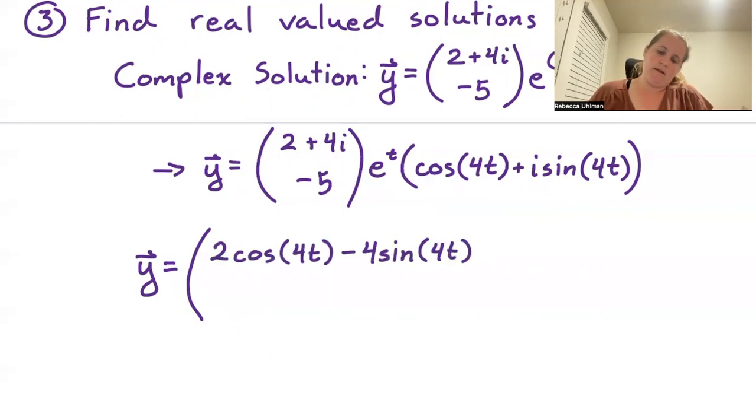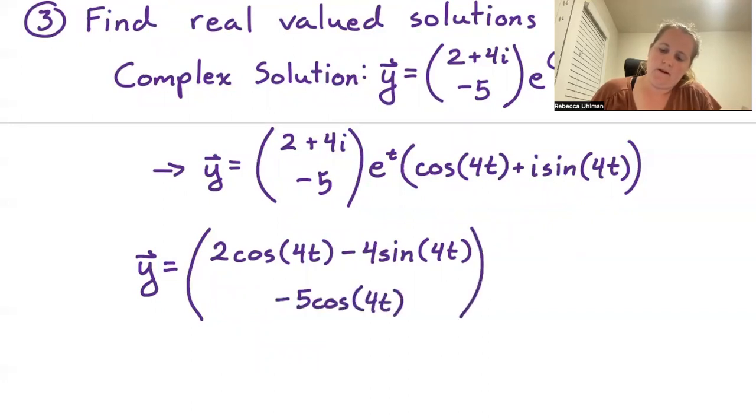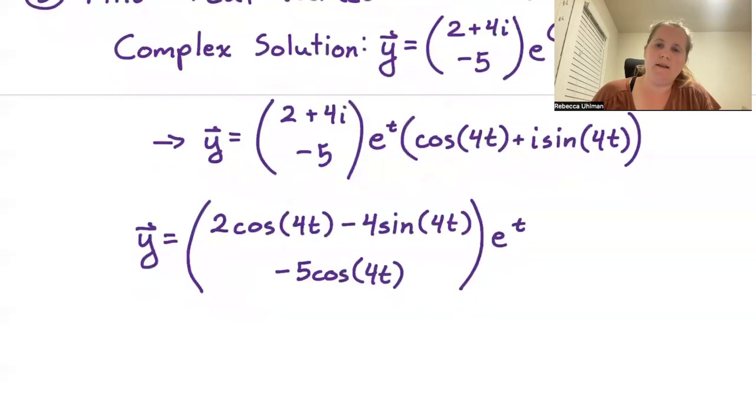In the second component, this is a real piece, so in the second position of the real component we would have negative 5 cosine of 4t, all multiplying e to the t.